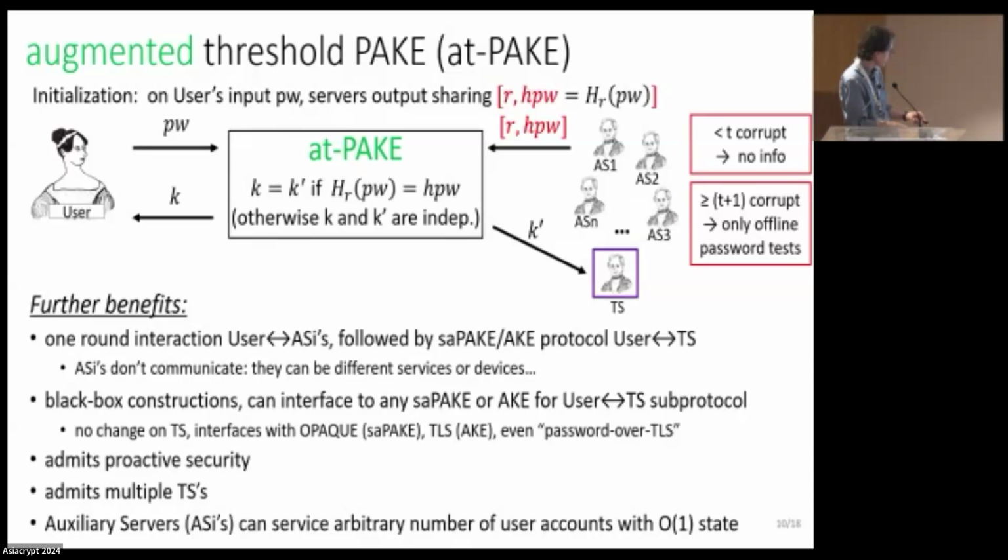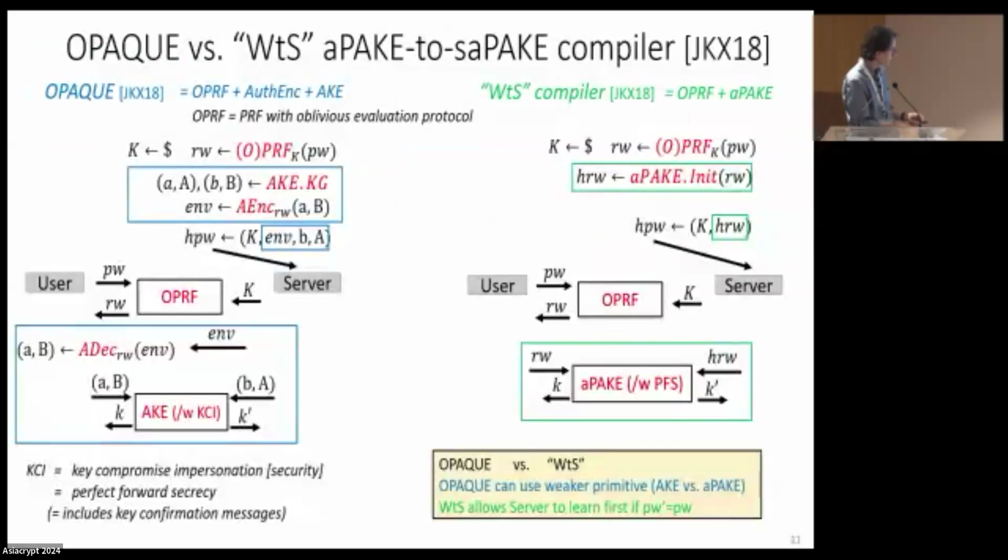We allow proactive security, so this secret sharing can be refreshed proactively. The schemes allow multiple target servers, and with something called partial oblivious threshold PRF, these servers can have a constant state and service arbitrarily many user accounts with it.